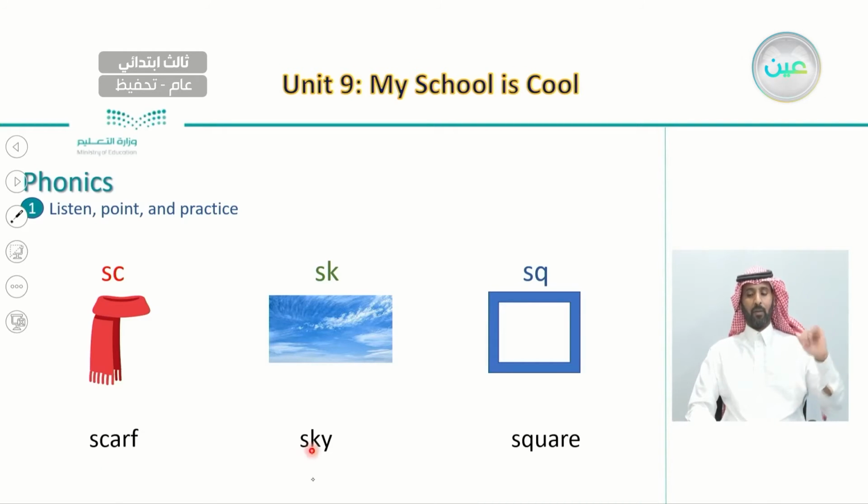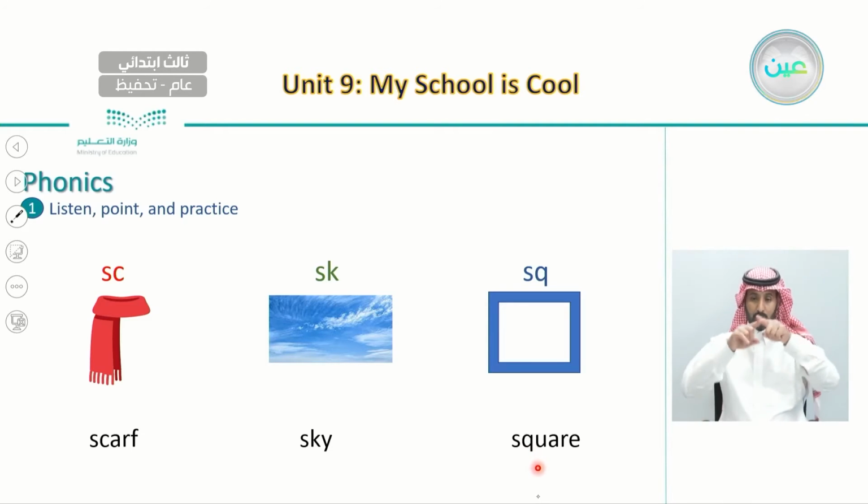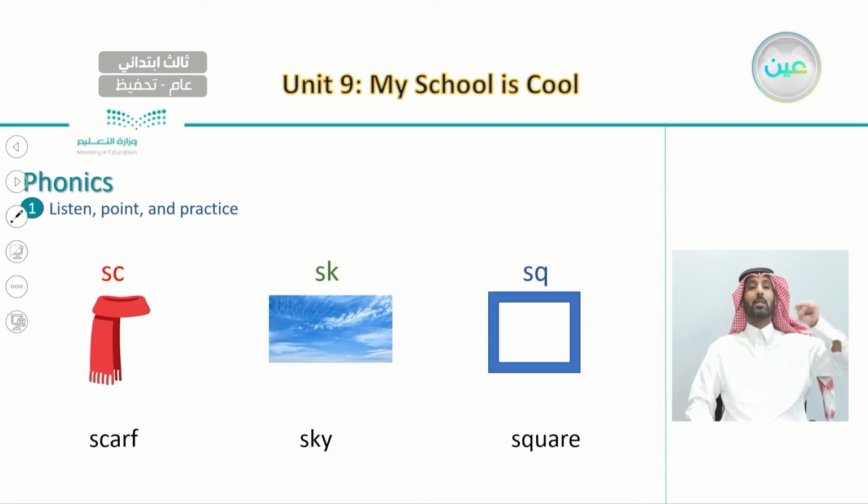The second one that starts with S and K is sky. Sky. Say after me. Sky. And then the other word that starts with S and Q, which is square. Square. Say after me. Square.